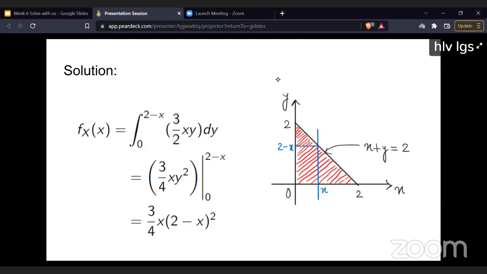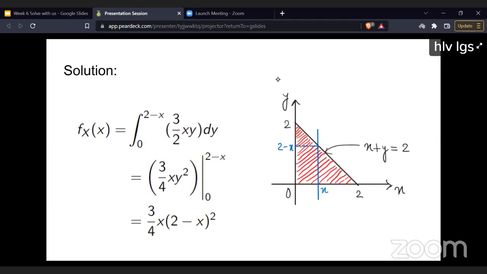In this case, X is between 0 to 2. For every X that lies between 0 to 2, if you try to find the marginal of X, then it will come out to be 1.